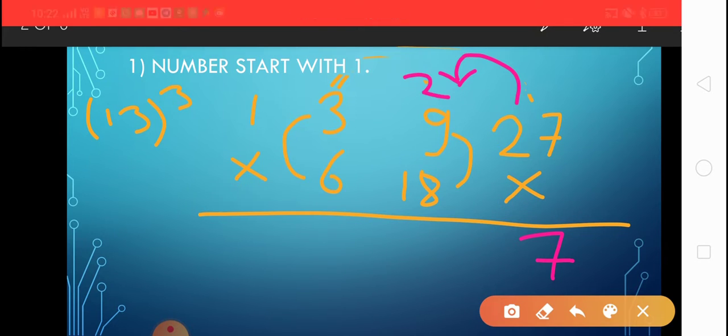So this 2 will be here. So 9 plus 2 becomes 11, and 11 plus 8 becomes 19. So 9, and 1 carry here.